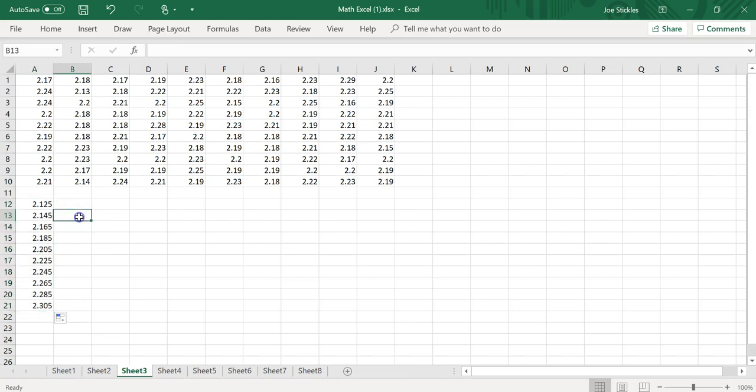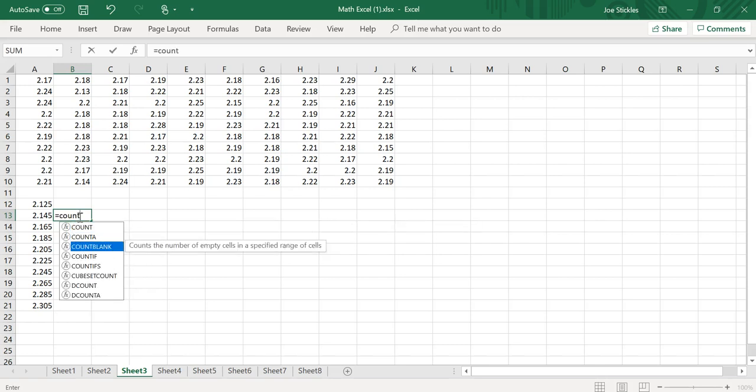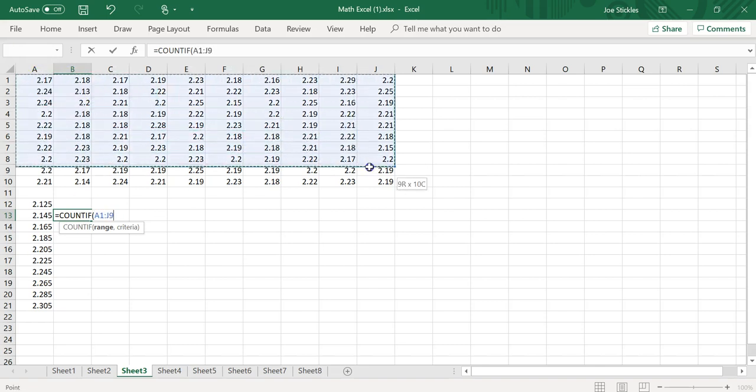All right. We want to count the number of observations that are in each class. Okay? So we'll use the COUNTIF command again. Take the array, make it absolute, and I want it less than or equal to that first value.